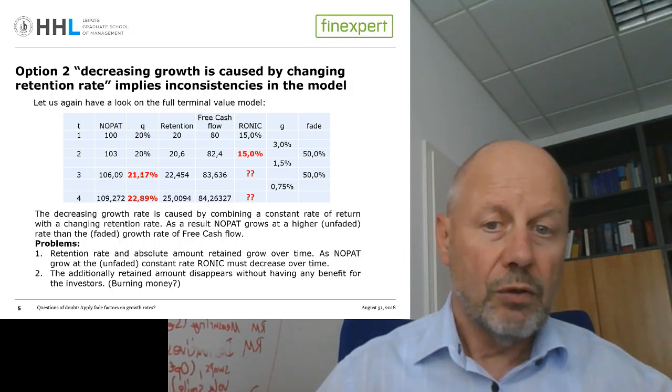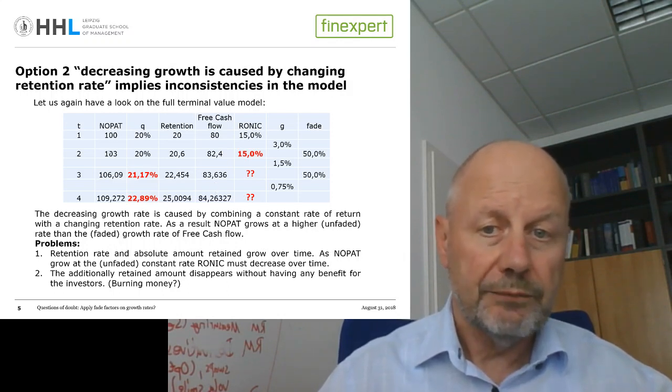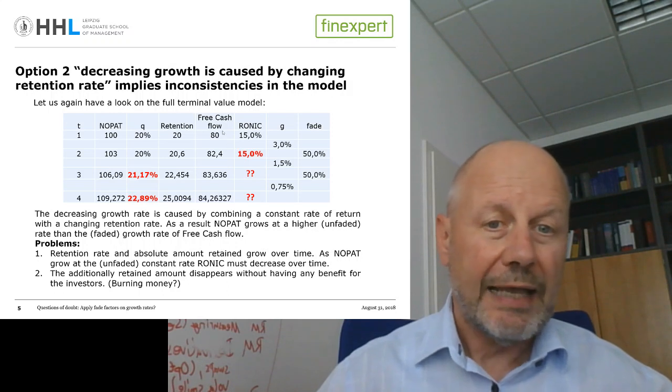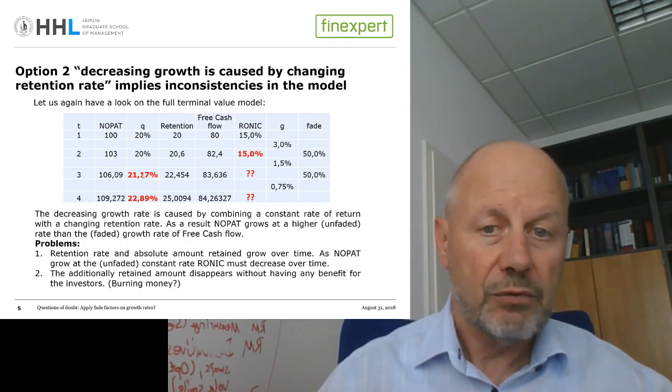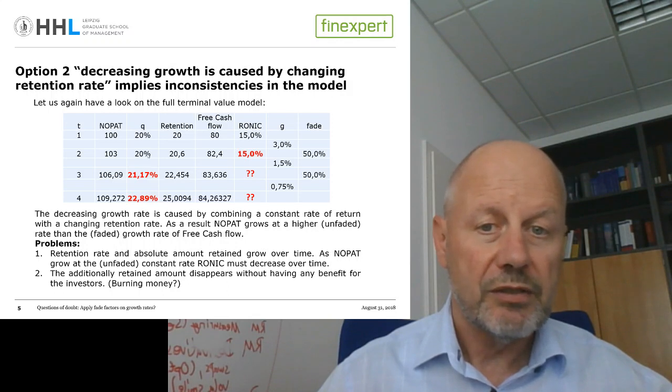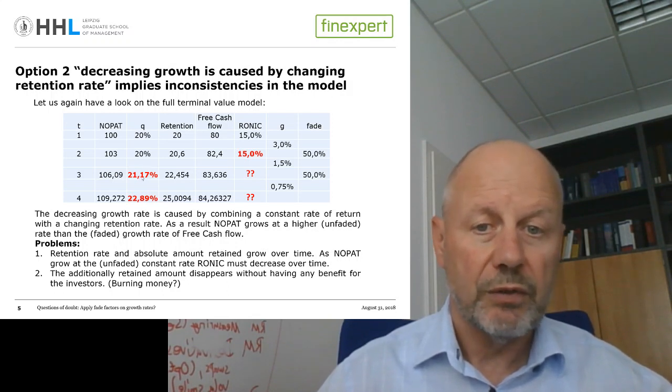And of course, the gap between the constant growth of 3% in the absolute NOPAT and our free cash flow growing at a smaller and smaller rate is starting to widen. And that yields the result that our retention rate is even increasing. Here it increases from 20% to 21.17.